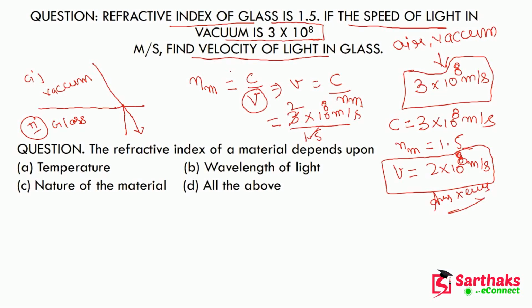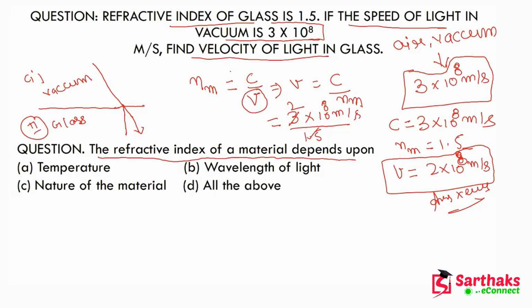Now, guys, in the second question, the refractive index of a material depends upon: option A is temperature, option B is wavelength, option C is nature of the material, or option D, all of these. So you have to answer.